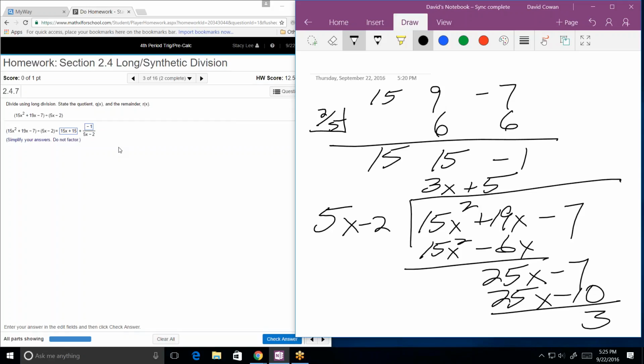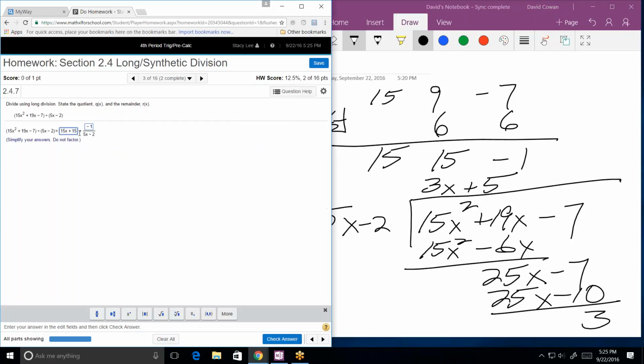So let me try putting that in: 3x plus 5 and the remainder is positive 3. Is that what you got?